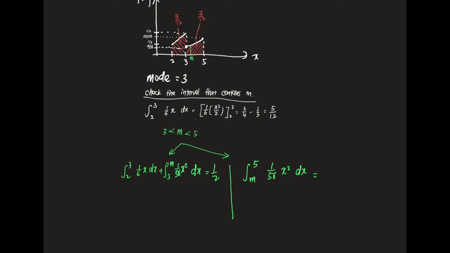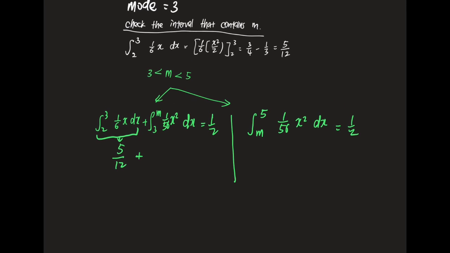The left hand side still working, not too bad, because this one I know the area already, 5 over 12. So let's say I put inside 5 over 12. Then x cubed over 3 times 56, 168, 3 to m, equal to 1 over 12.